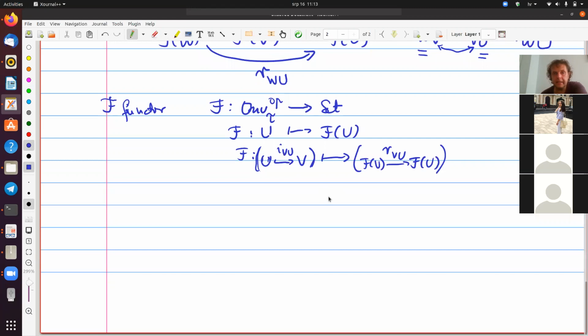Now the point is that we can go the other way around. But also a more sophisticated point will be that in one direction we do not lose information, in the other direction we can lose information.